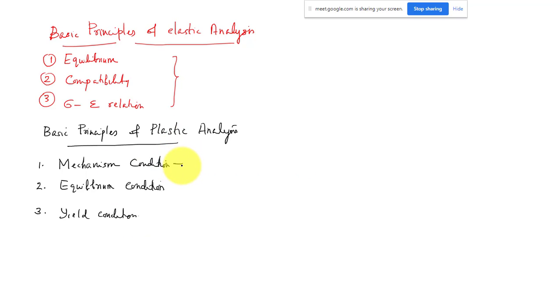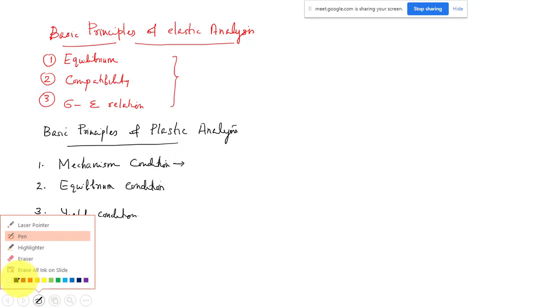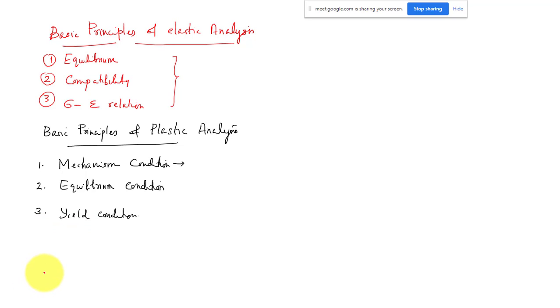So what do you mean by mechanism condition? It means that at failure, the structure will form a mechanism. I will discuss this in detail, and we'll see the types of mechanism later. For the time being, suppose we have a simply supported beam with some loading, maybe a point load.